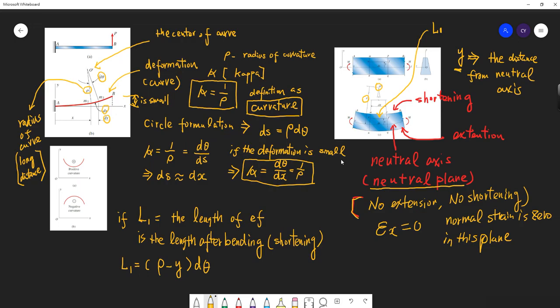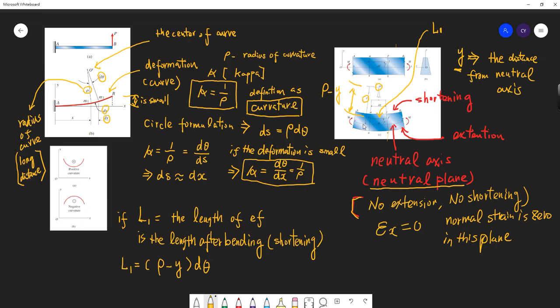So the length here should be equal to rho minus y. From here to here is rho, minus the distance y. So the y is here.